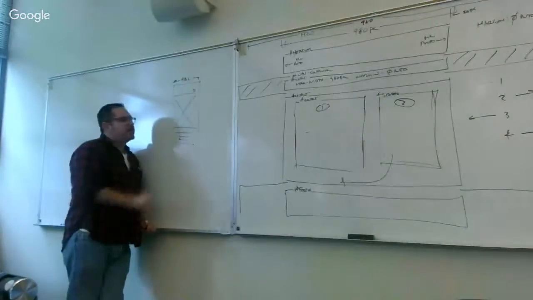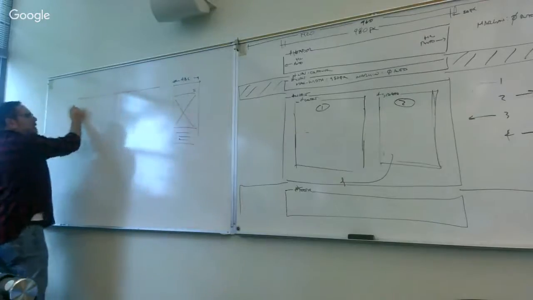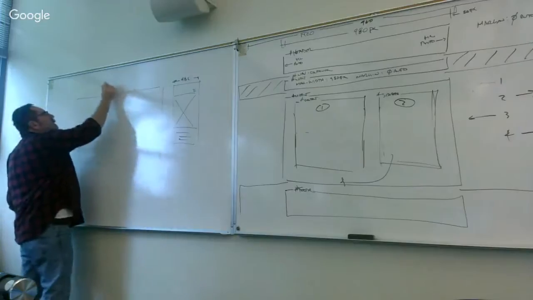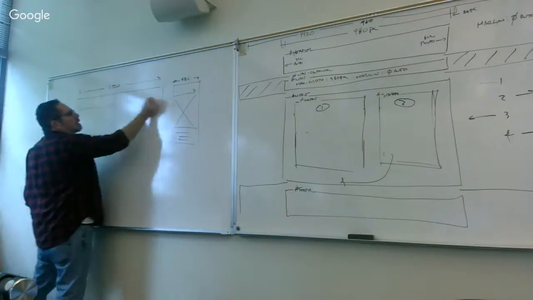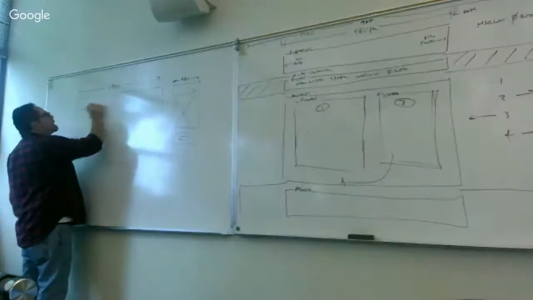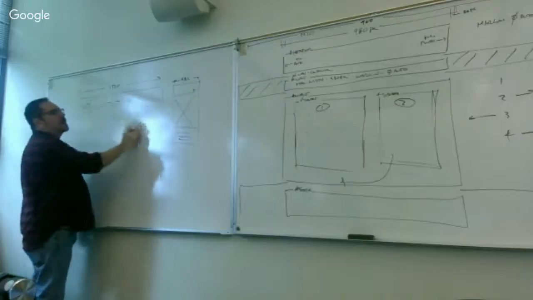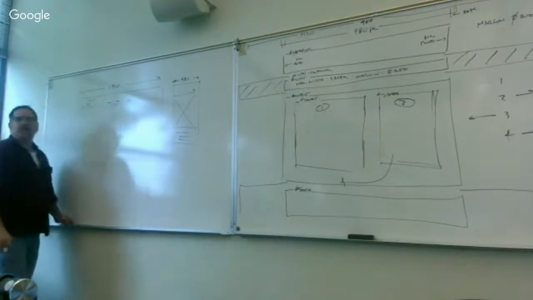If you carry this same thing over to 1920, you're going to have your header, your navigation, so you might have your logo, and your navigation might come out like that, and you have a big image like this.